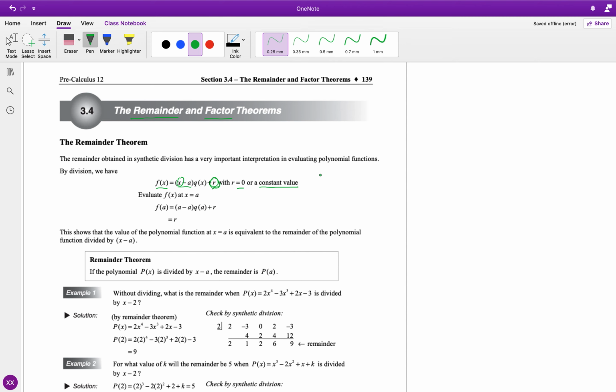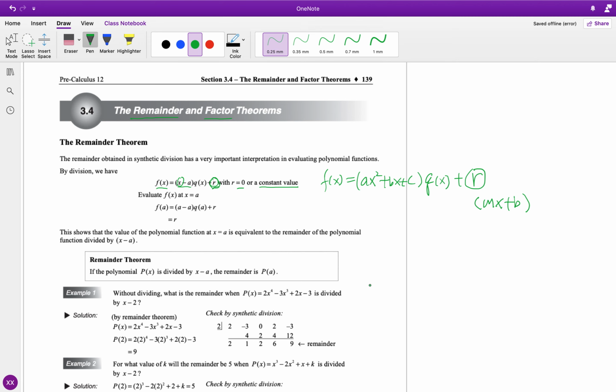But in the example that I demonstrated last section, if f(x) is divided by a trinomial, ax squared plus bx plus c, and then you have a quotient, your remainder here is not a value, but is one degree lower, which could be mx plus b.